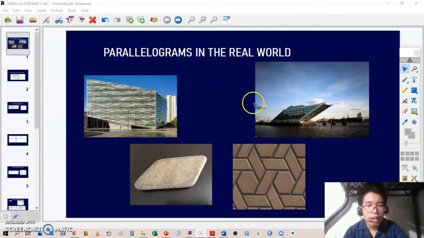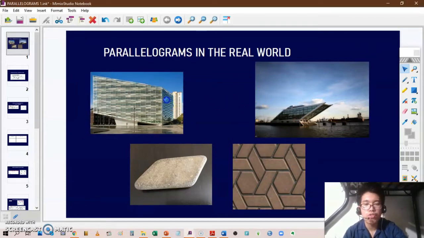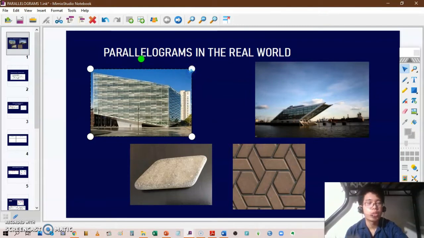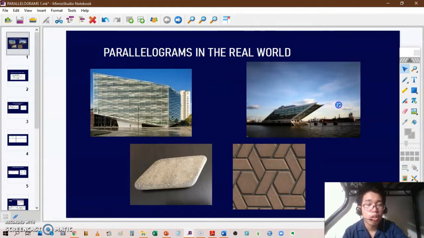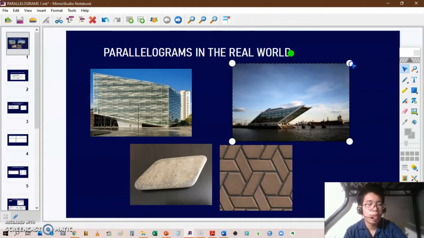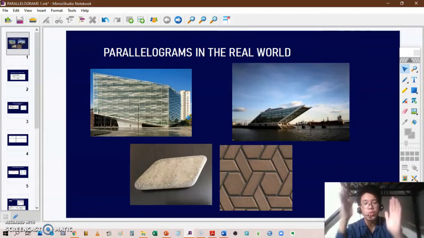Before that, let's try to view some pictures of parallelograms in the real world. In the real world, parallelograms are mostly man-made or artificially constructed. For a quadrilateral to be a parallelogram, the two opposite sides must be perfectly parallel, never meeting each other.